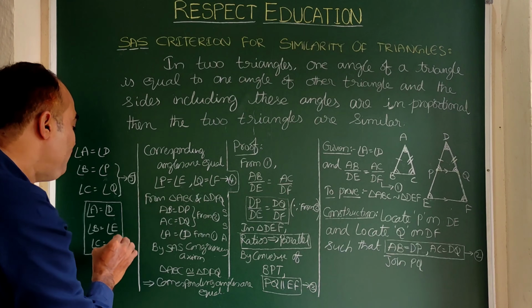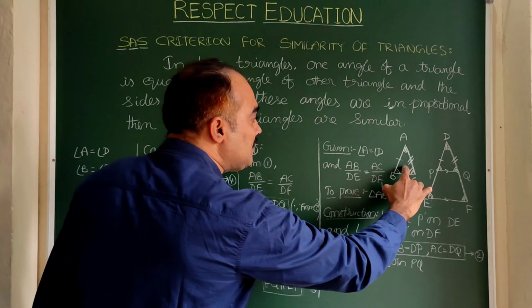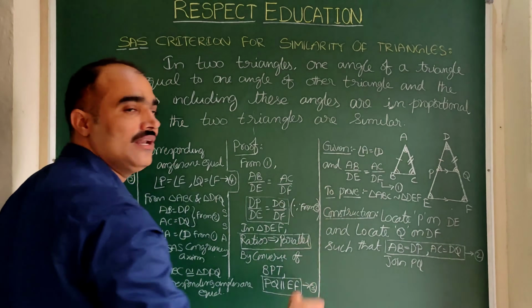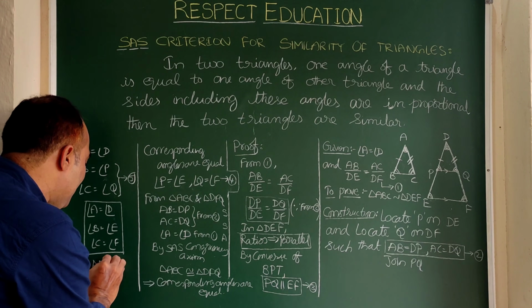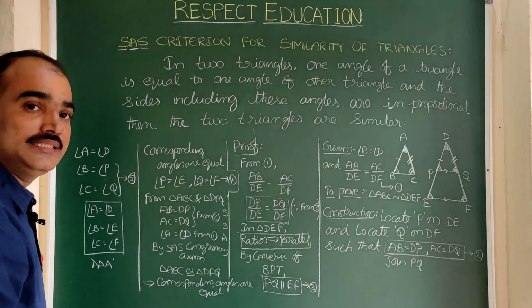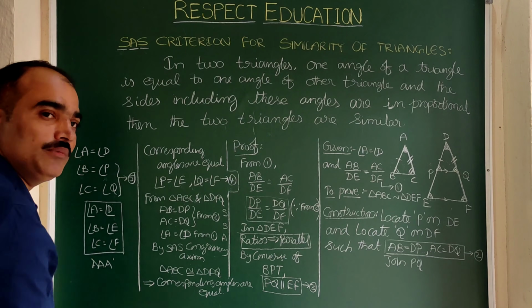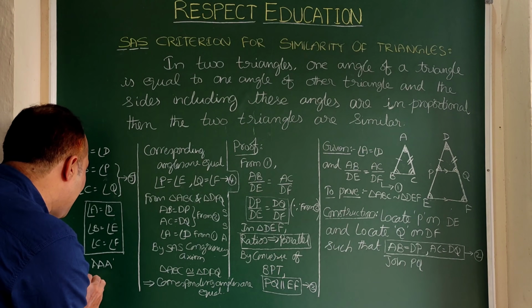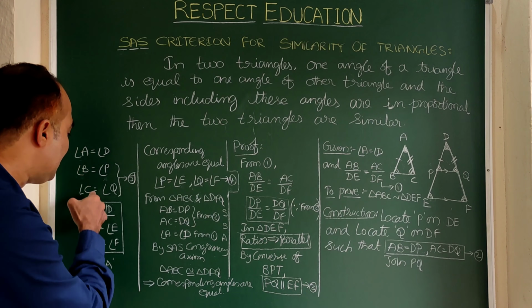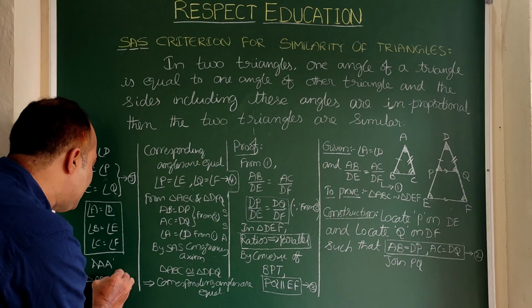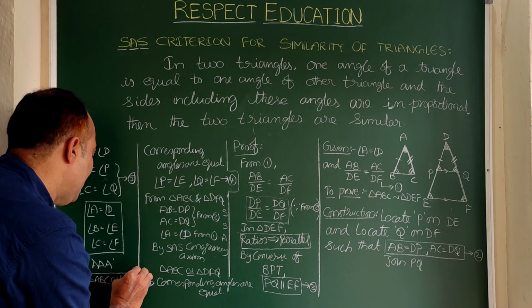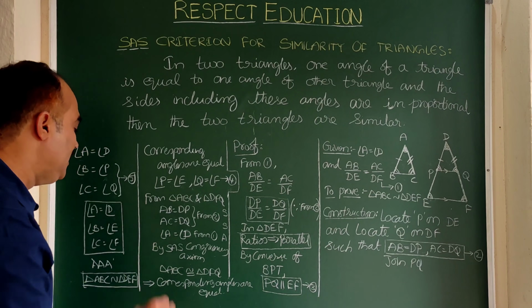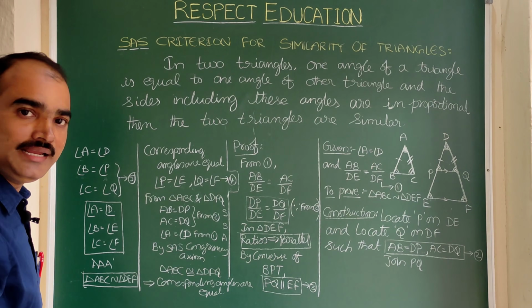So if in two triangles the corresponding angles are equal, by AAA similarity we can say triangle ABC is similar to triangle DEF. So finally we got triangle ABC is similar to triangle DEF.